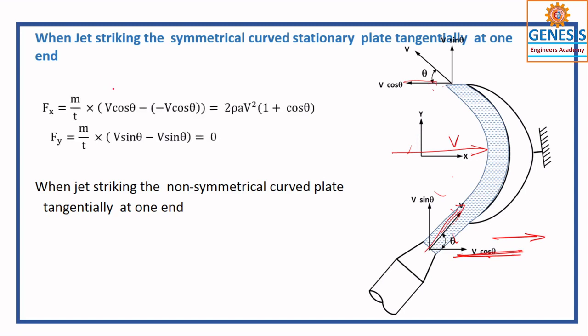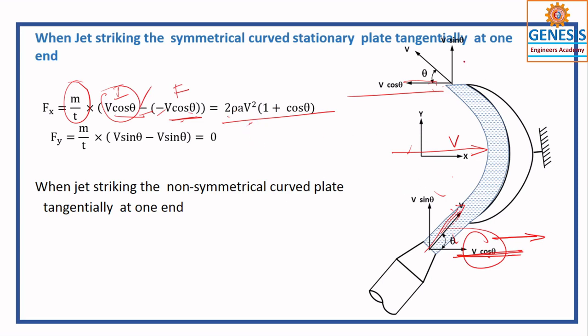And what you have to do? Now, F is the rate of change of momentum: initial velocity v cos theta, and minus this, in the opposite direction. This is initial velocity, this is final velocity, the difference is there. But this component is in the opposite direction of this component, so the total becomes 2ρav square cos theta.